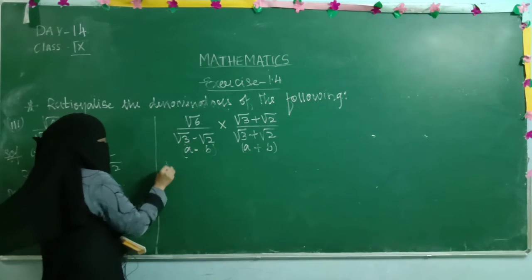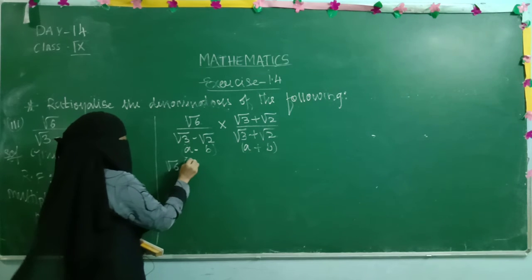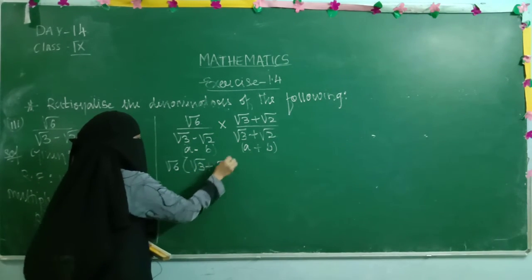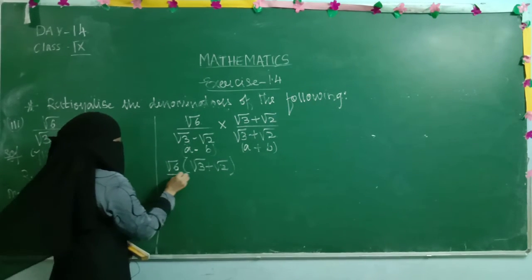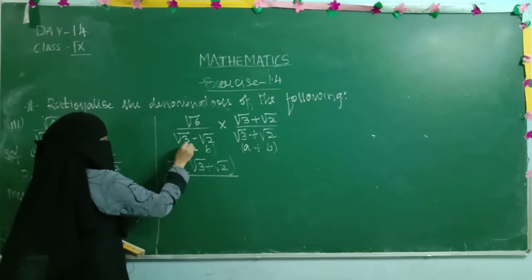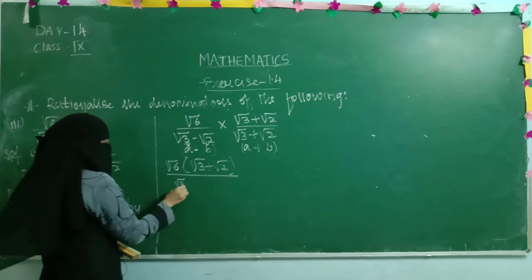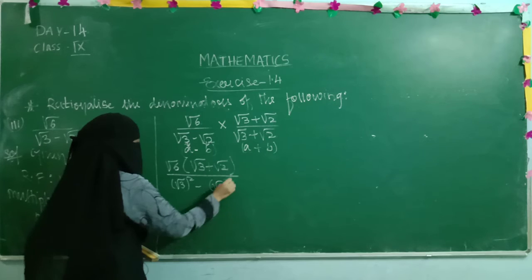First in the numerator you will get root 6 into root 3 plus root 2. This is numerator with numerator. In the denominator you will get a square minus b square, where a value is root 3 and b value is root 2. So root 3 square minus root 2 square.